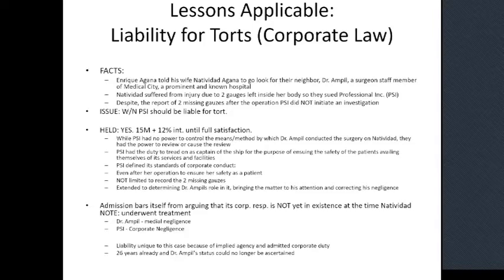So Dr. Ampil was found guilty of medical negligence, and PSI was guilty of corporate negligence. The liability unique to this case is because of the implied agency and admitted corporate duty of the hospital. And the final decision of this case happened 26 years after the surgery. So that's how long the litigation went. And Dr. Ampil's status could no longer be asserted at that time.